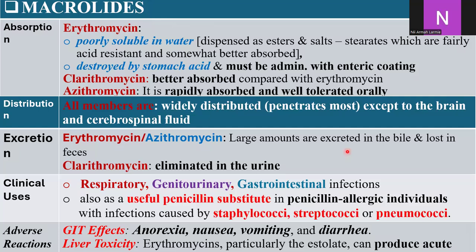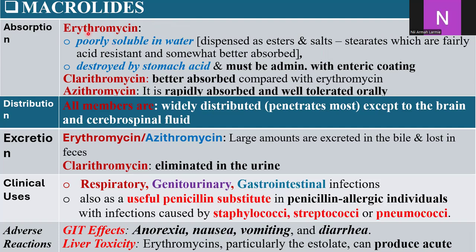If you look at the pharmacokinetics of the macrolides, erythromycin has been known to be poorly soluble in water, and therefore it is usually made as an ester or as a salt, the stearate salt. These are better in terms of absorption, and they are also able to resist the acid in the GI tract.